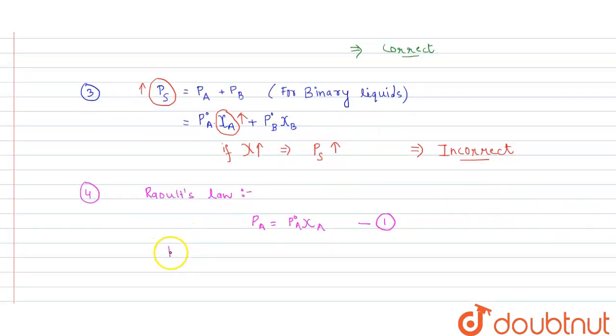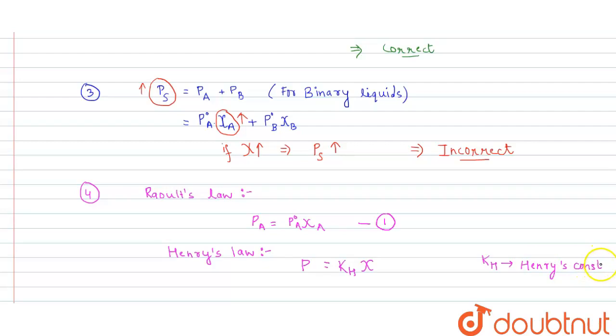Similarly, the expression as per Henry's law is P, that is the partial vapor pressure, equal to KH multiplied by the mole fraction, where KH here is nothing but Henry's constant.